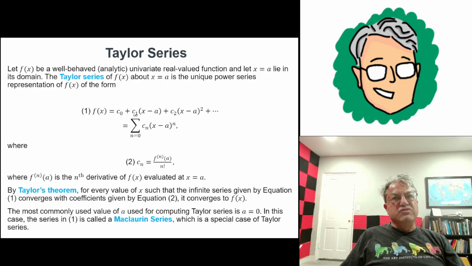And I'm pretty sure you guys want to know what factorials are. n factorial is just the product n times n minus 1 times n minus 2, and so on, all the way down to 1. These things grow pretty quickly. Anyway, so that's the formula. And that's what's known as a Taylor series.